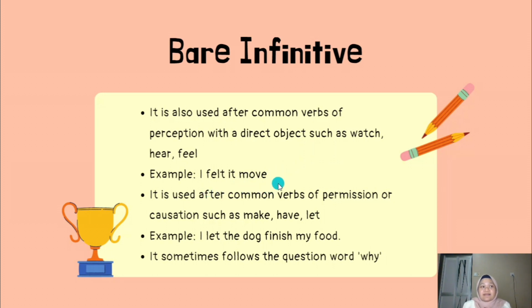Let us take the example of a pregnant mother. When the mother is sitting watching TV, suddenly she can feel the baby moving. She wants to tell her husband, I felt it move. I felt the baby moving. That is a common verb of perception with a direct object.